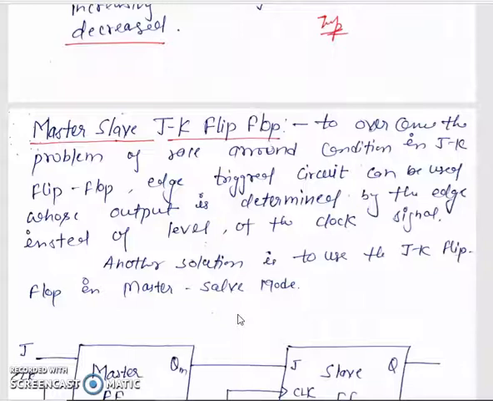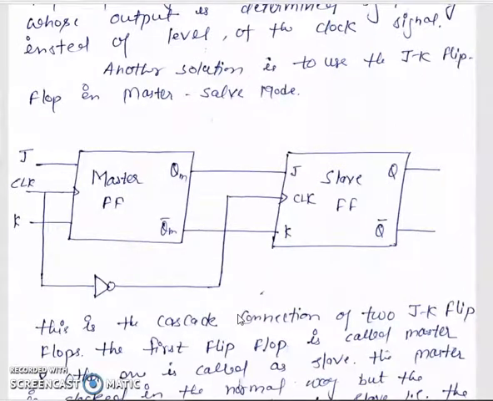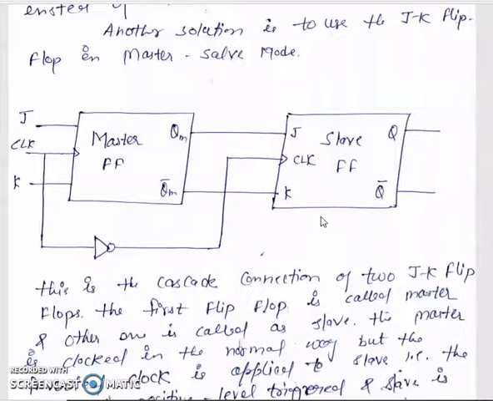The third solution to the JK race around condition is the master-slave mode of the JK flip-flop. In master-slave JK mode, we have two JK flip-flops. The first one acts as the master and the other is the slave. In this circuit, the master is directly connected to the clock signal, whereas the slave is connected to the inverted clock.